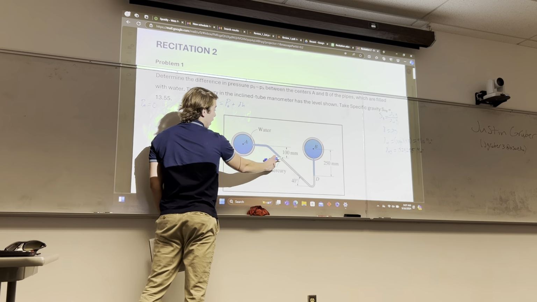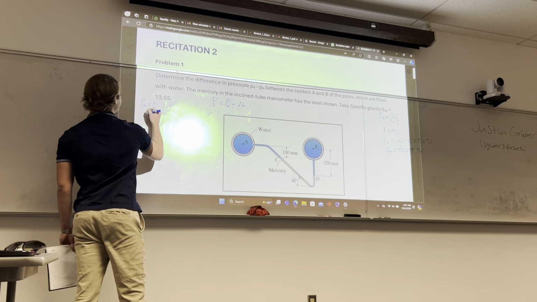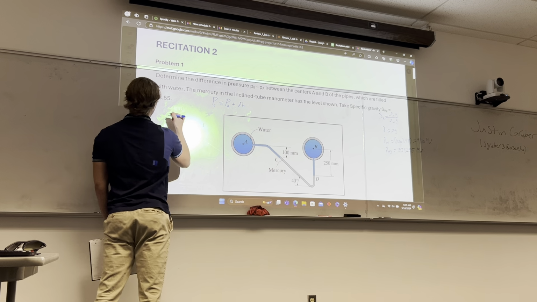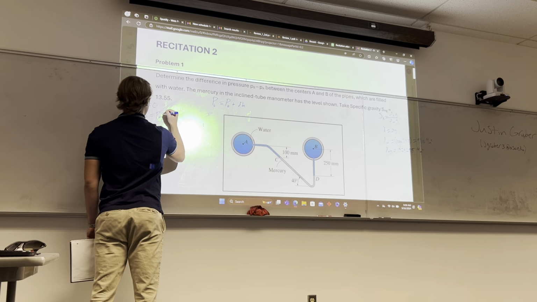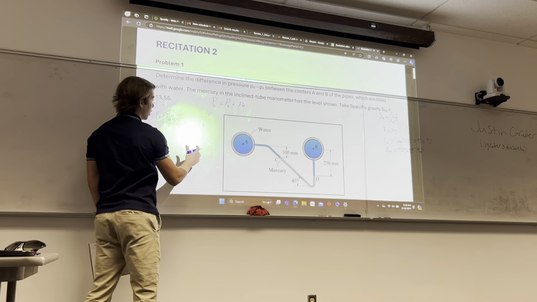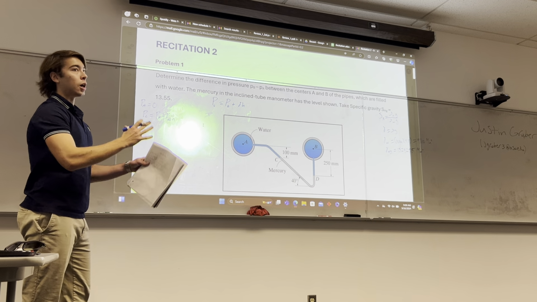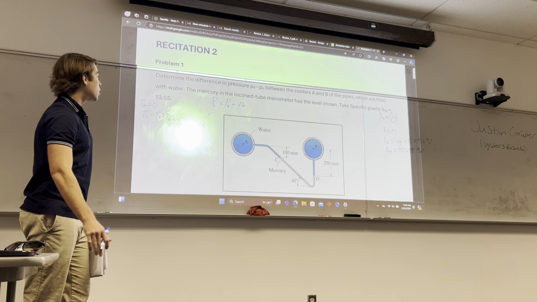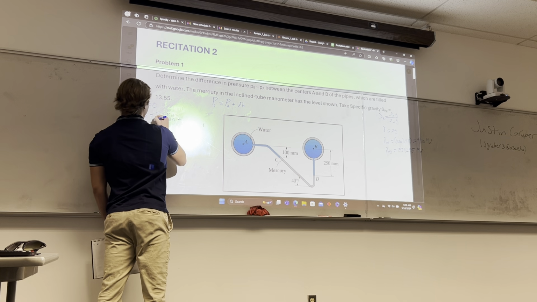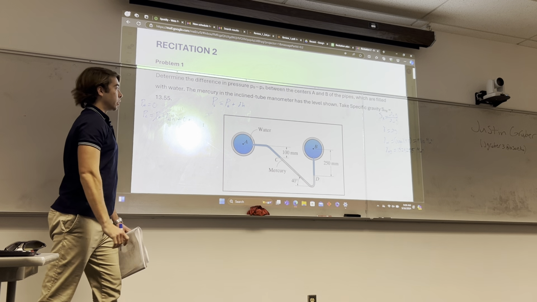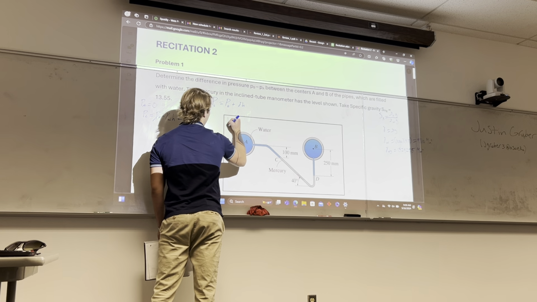So to find the pressure at point C, we go PC equals your point before it, point A, plus gamma of water times the height of the column, the vertical height of the column. We don't care about the side-to-side action, we just care about the vertical. So this equals 0 plus, and obviously gravity is going down that way.